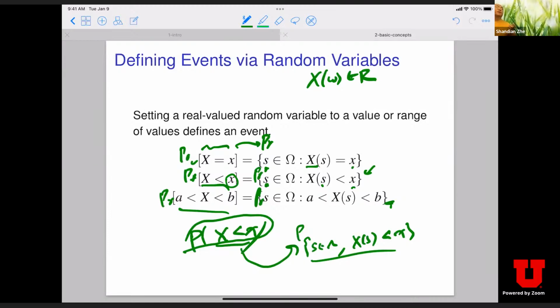Just keep in mind, in most cases we're still going to just ask what is the probability of this. But if you ask what it means for the probability of P(X less than x), it actually means you're going to measure the corresponding event.